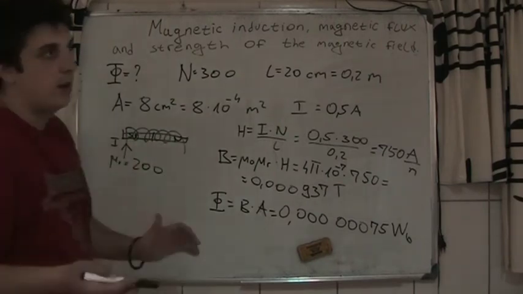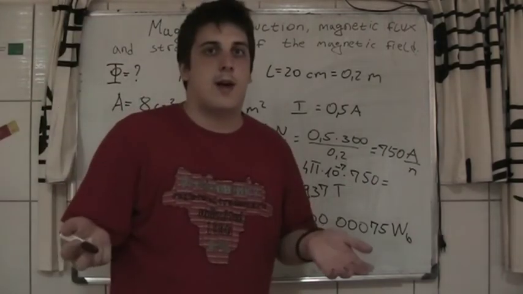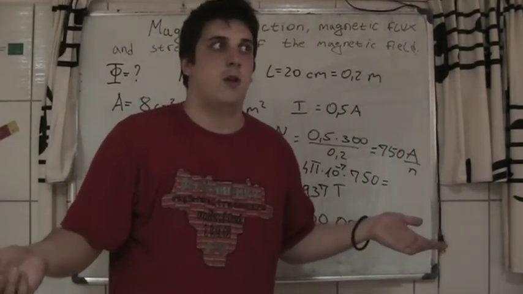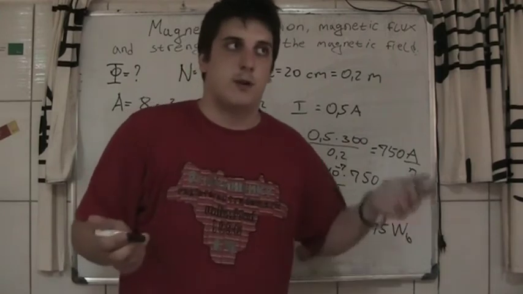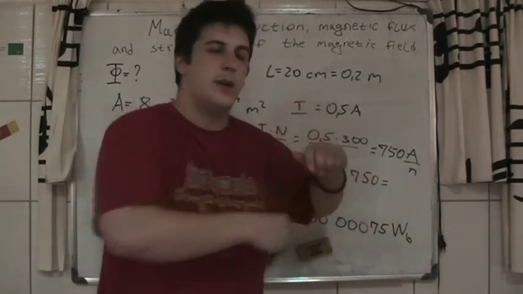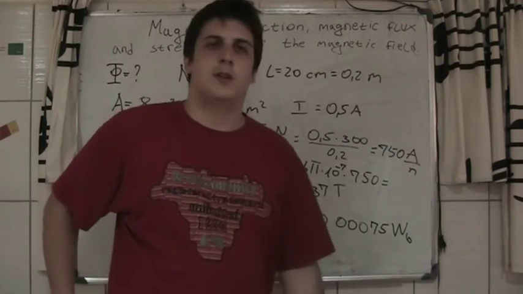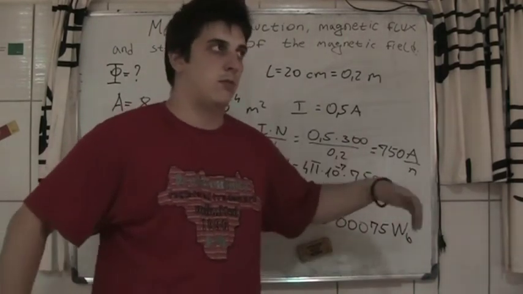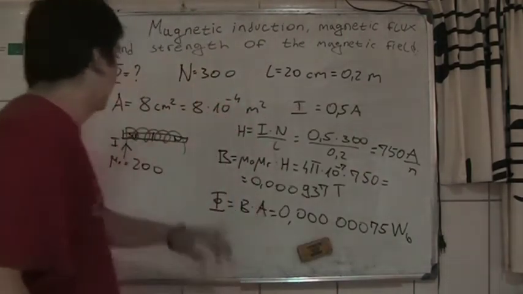So an iron that isn't a natural magnet can become an artificial magnet when you put a solenoid around it. This will become a magnet.